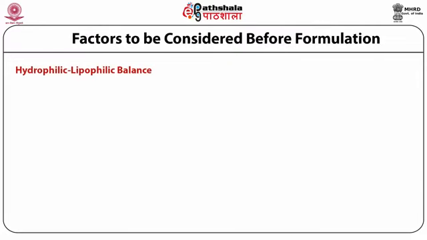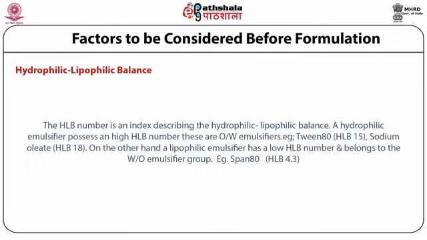First, hydrophilic lipophilic balance. The HLB number is an index describing the hydrophilic lipophilic balance. A hydrophilic emulsifier possesses a higher HLB number and they are generally used in preparation of oil in water emulsions. Examples are Tween, HLB is 15, sodium oleate, HLB is 18.